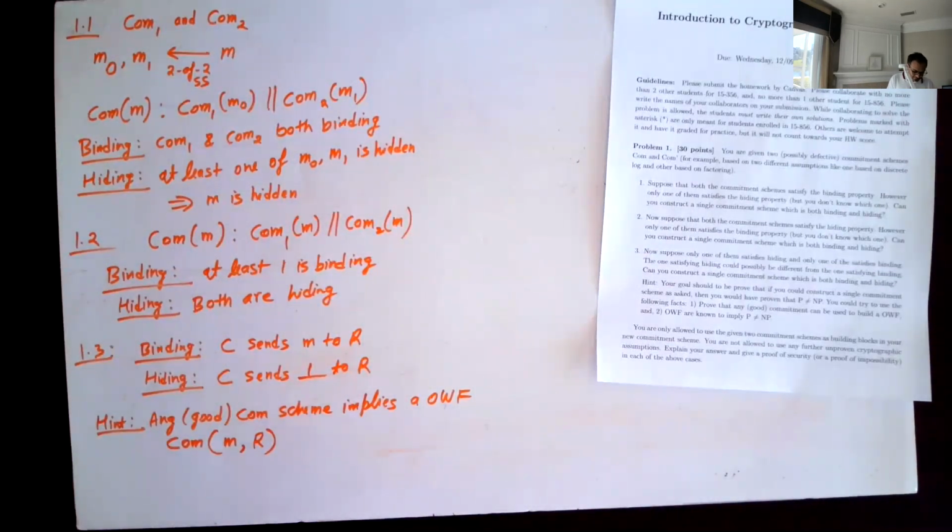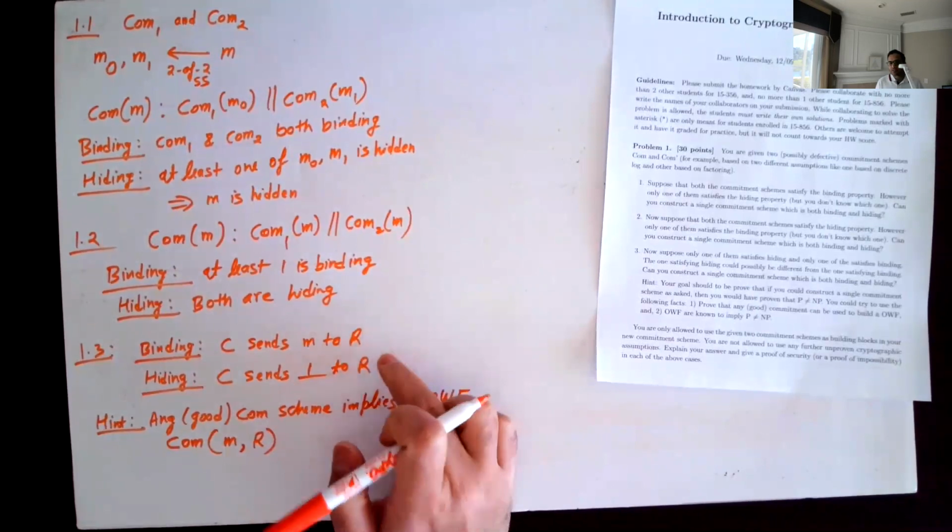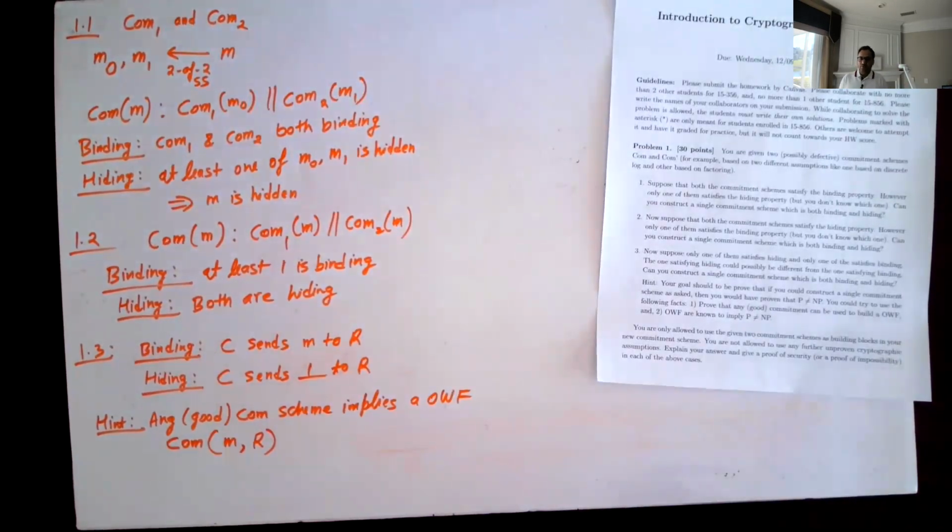And this means that given these two commitment schemes alone, without unproven cryptographic assumptions, you will not be able to build a new commitment scheme unless you yourself prove that one-way functions exist.